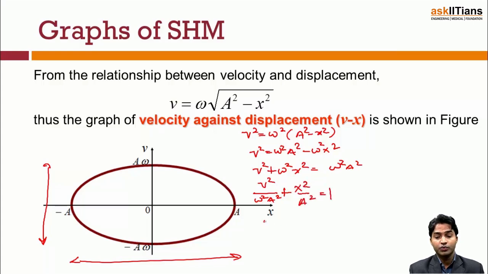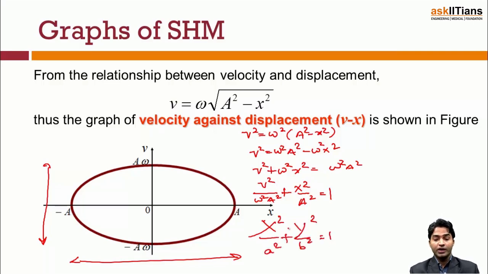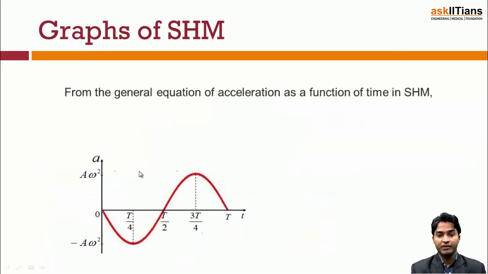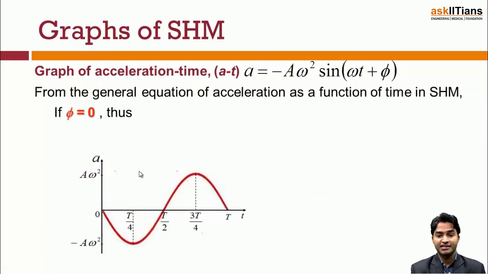On comparing this with the standard equation, x square upon a square plus y square upon b square equals 1, a and b are the intercepts along the x-axis and y-axis, the semi-major and semi-minor axes. So it is just for x, it is just for y, and that's why we got an elliptical equation for this relationship.